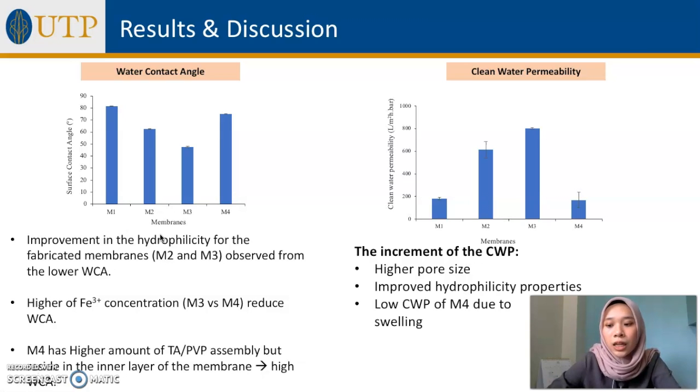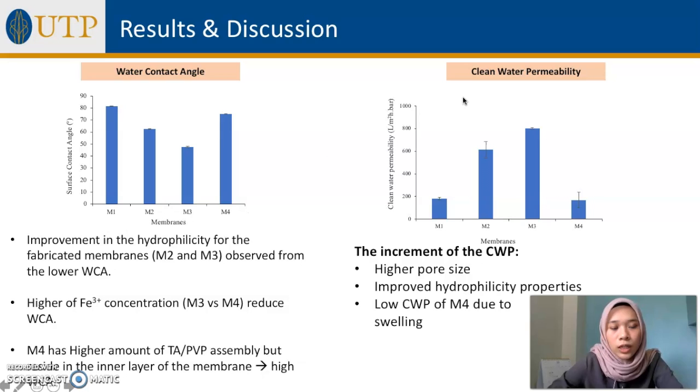The ability to form a coordination reaction between TA and iron 3+ results in the lowest water contact angle in M3, but the higher concentration of iron solution used in M4 contradicts the results in M3, which might be due to the higher complexation reaction rate between the additives, thus residing the hydrophilic additives in the inner layer of the membrane, thus showing a higher water contact angle.